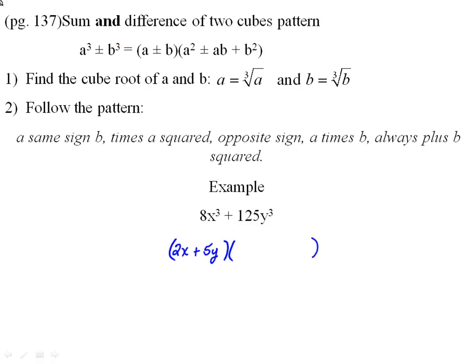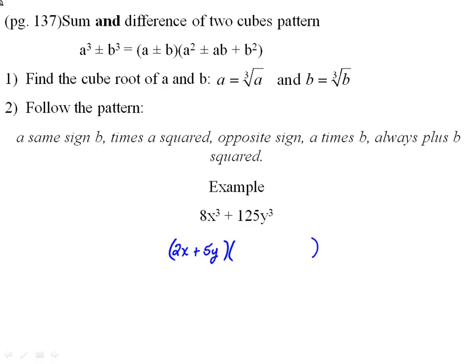A times B. What is 2x times 5y? 10xy. That's your middle term for your trinomial. And then always plus B squared. What is 5y squared? 25y squared. That's your last term.